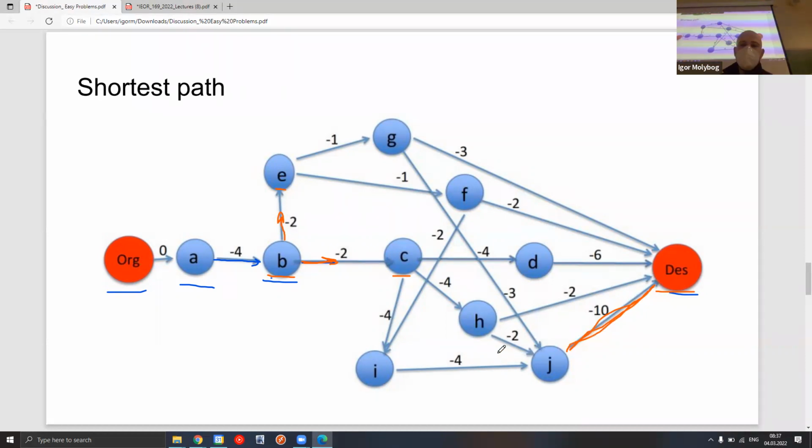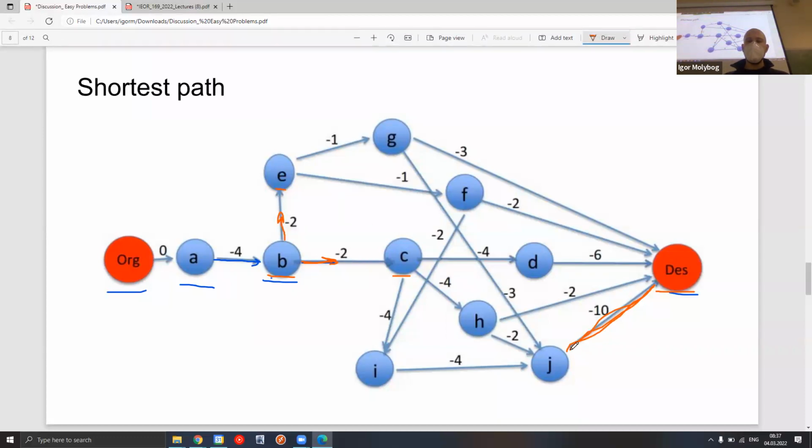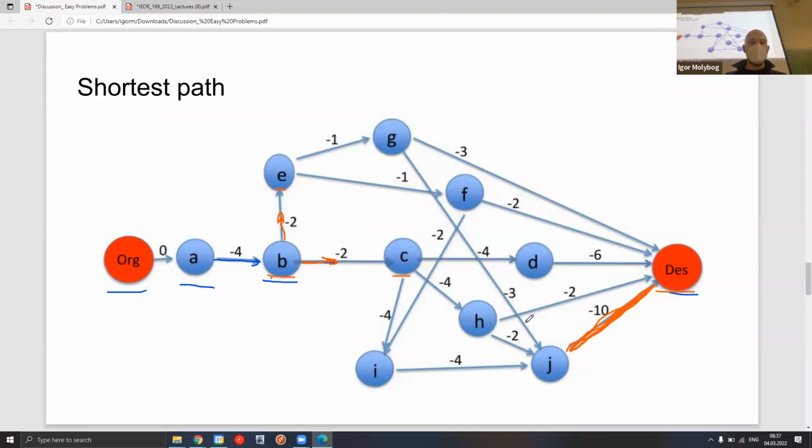Let's say this. We are saying that an edge corresponds to a task being processed or completed. We cannot start a task before we have completed everything it depends on. So before we start completing task J, which corresponds to this arc, we need to complete all of these tasks.